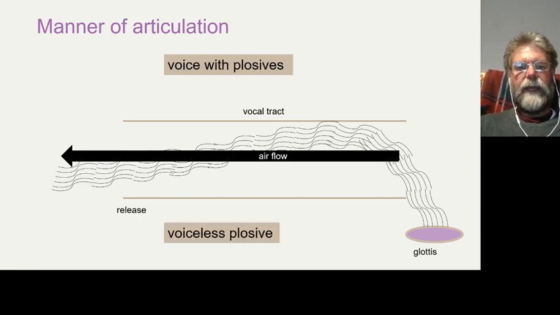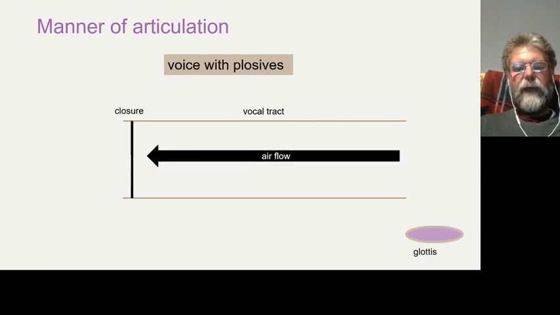They sound like ba or da or ga, where you're voicing at the same time as releasing the built-up pressure inside your mouth. There's a third thing you can actually do as well, and that is if you start to vibrate your glottis before you release the closure.